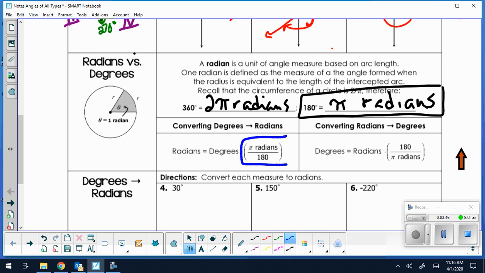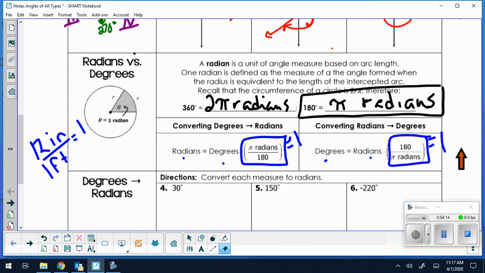So when I'm converting from degrees to radians, I'm going to multiply by pi over 180. When I go from radians to degrees, I'm going to multiply by 180 over pi. Now, the reason that I can do that is because this fraction equals 1, since they're equal. It's like going 5 divided by 5 equals 1, or going 12 inches divided by 1 foot, that equals 1.